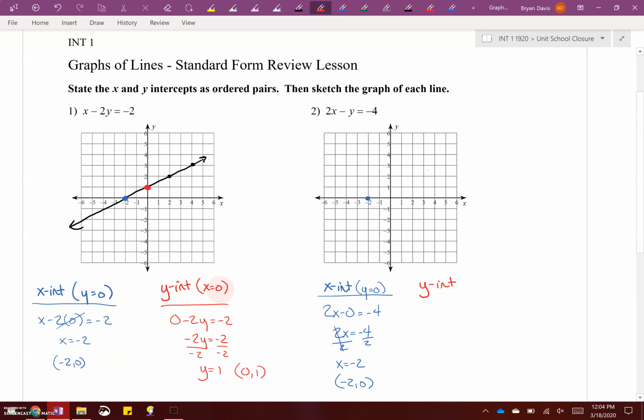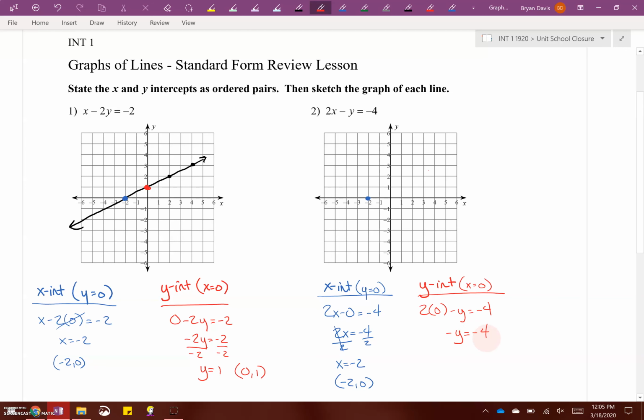Now I'm going to find my y-intercept. A reminder, y-intercept is where x equals 0. We're going to substitute that in and solve for y. Substituting x equals 0, and I get 2 times 0 minus y equals -4. Notice that 2 times 0 is 0, so I'm just left with -y equals -4.